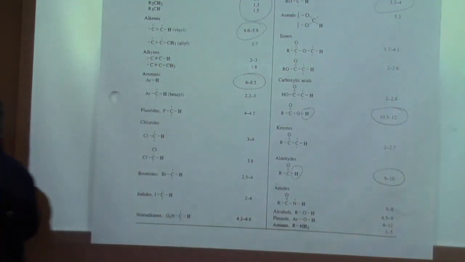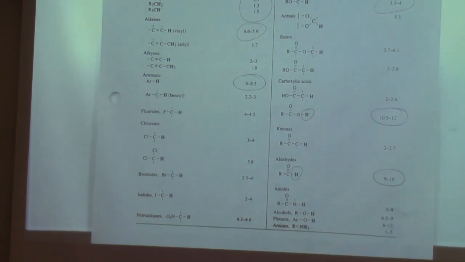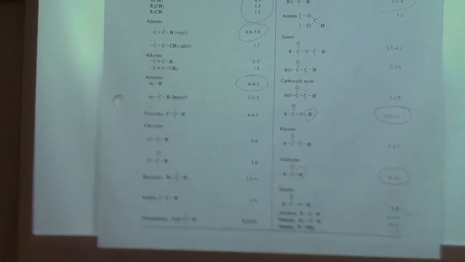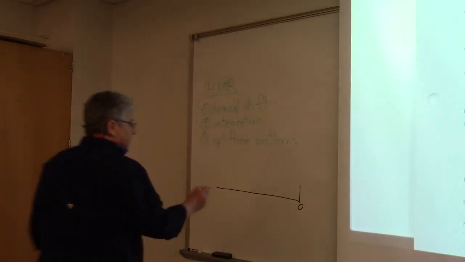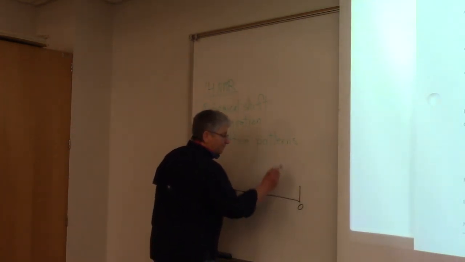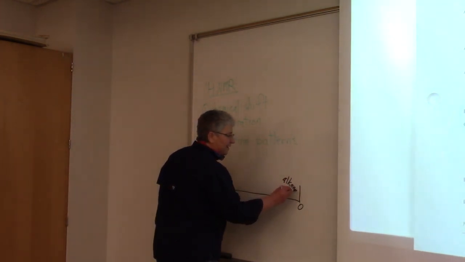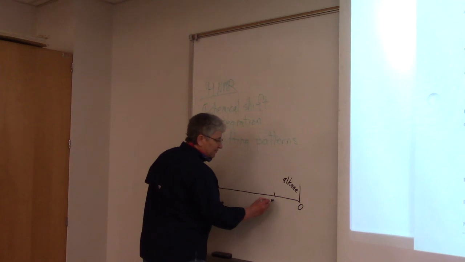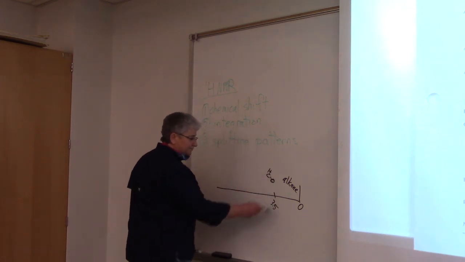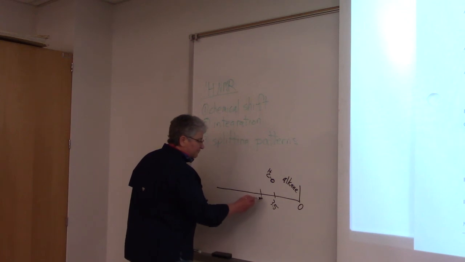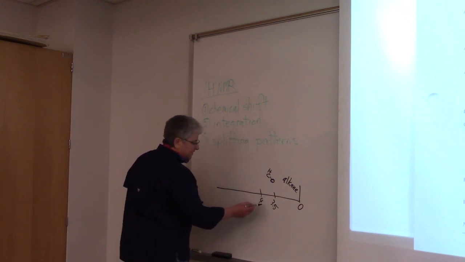When you think about your hydrogen spectrum, right, if this is TMS at 0, you have your alkane-like hydrogens here, maybe around 3.5. You start having hydrogens that are bound to a carbon, that are bound to an oxygen, 3.5, and then maybe about, I don't know, 4.5 to 6.